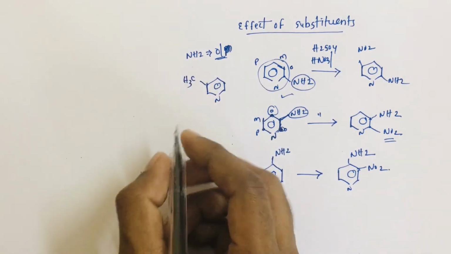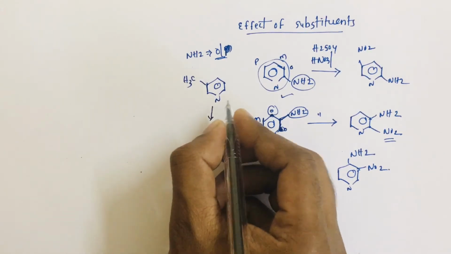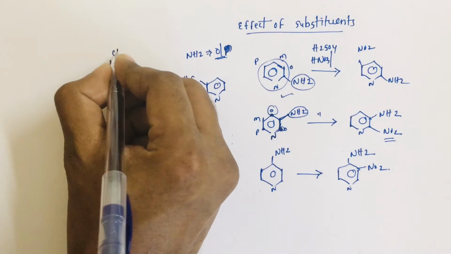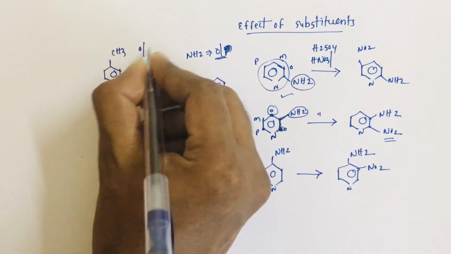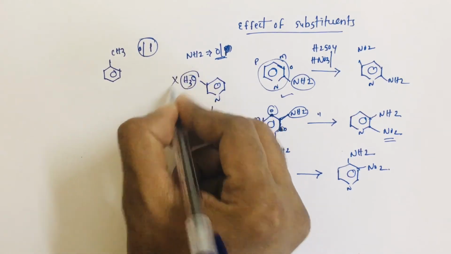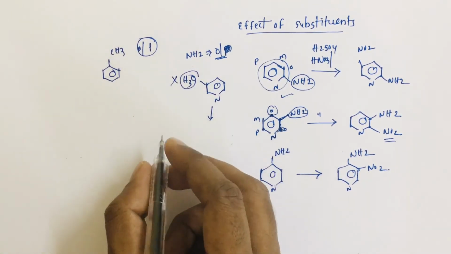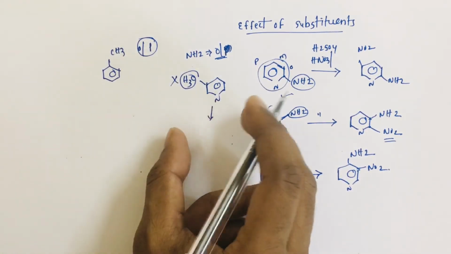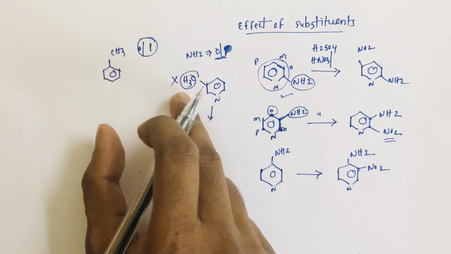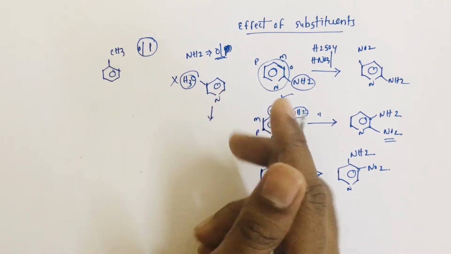in case of benzene, when we have a methyl group, this also acts as an ortho-para activator, but in case of pyridine it will not show any kind of directing capacity. So this is purely the reactant, the methyl group doesn't have any role in this.